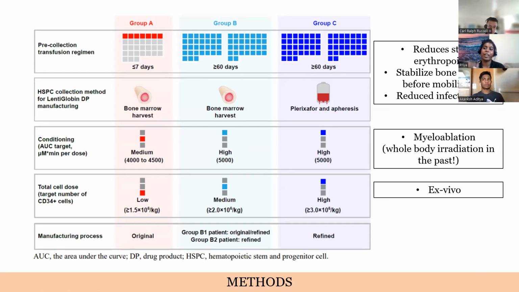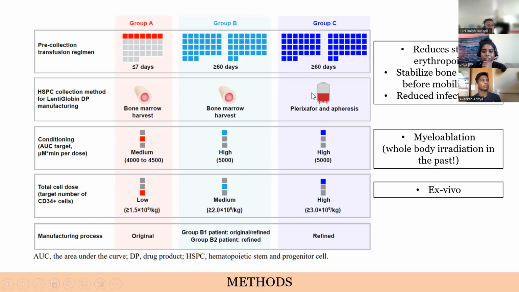The body wants to make more mature red blood cells, so it keeps doing that and more cells keep getting lysed. A transfusion regimen beforehand reduces that. It also stabilizes the bone marrow before mobilization and reduces infection risk, because a lot of these patients have, I guess, impaired spleen function, right?